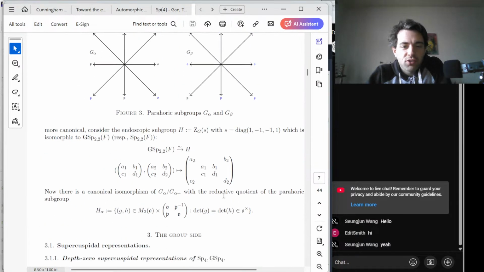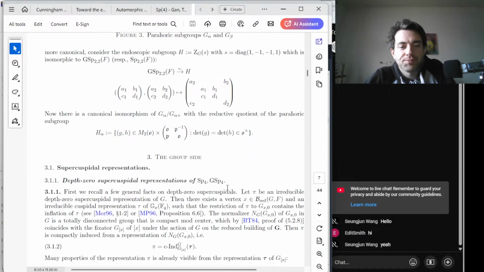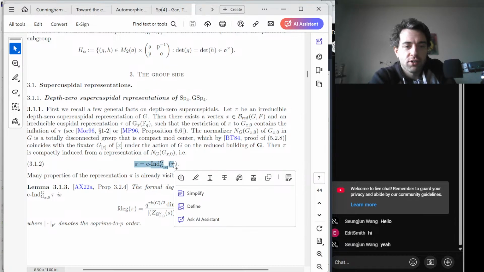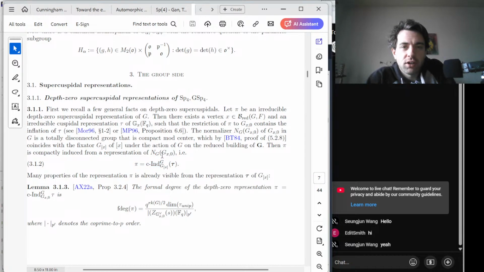This is a paper that has a whole bunch of representations of p-adic Sp4, the symplectic group Sp4, and I'm trying to figure out some things about it in the context of the Langlands program. In particular, there are these representations, which, as you can see, are some sort of induced representations that are very special in theory. I'm trying to see if that actually showed up somehow in some example I was looking at.